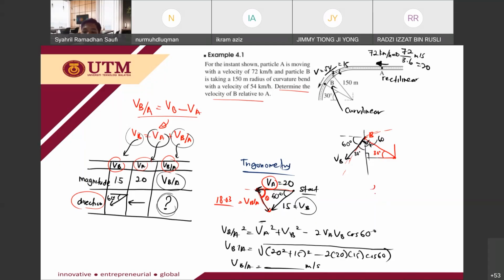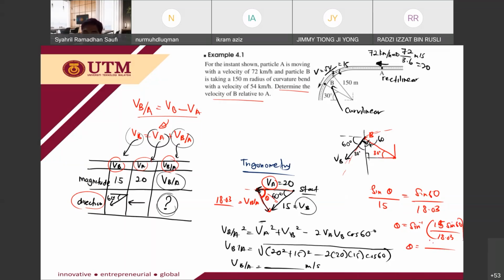Sine theta, opposite to the vector here, is 15, is equal to sine 60 over 18.03. Then theta is equal to sine inverse of 15 times sine 60 over 18.03. Then you can get your theta.